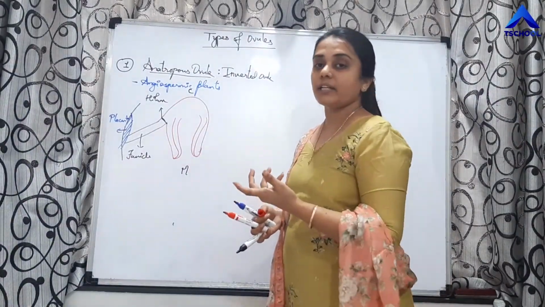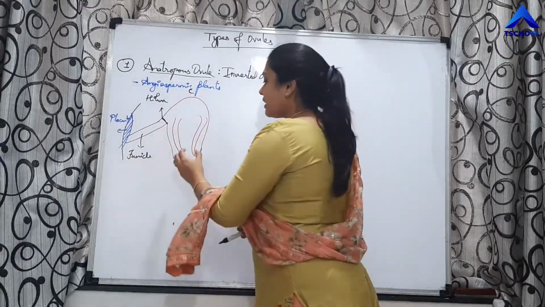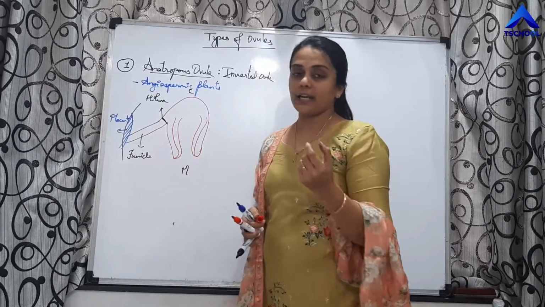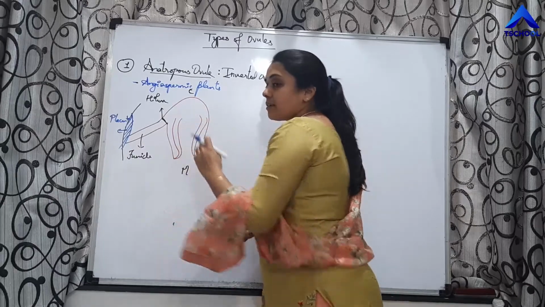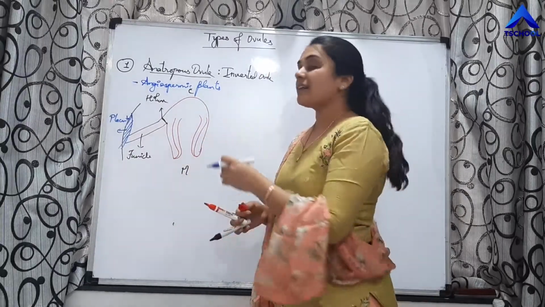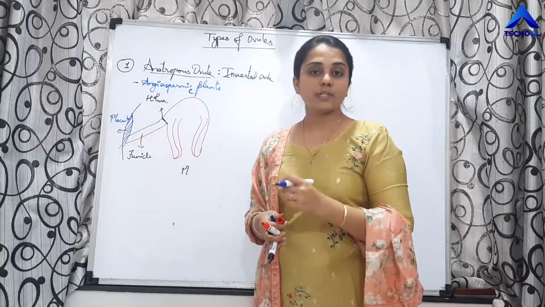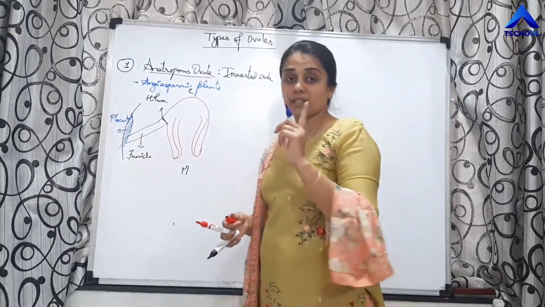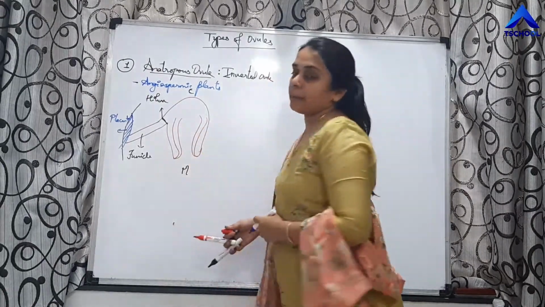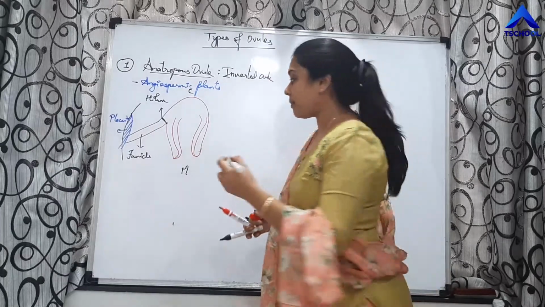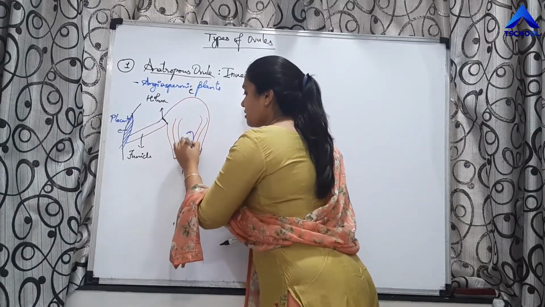The end from where the integuments arise is called the chalazal end, and the end where there is a tiny opening is called the micropyle end. On the inner side of the integument there is a mass of tissue called the nucellus. From the cells of the nucellus, a single megaspore mother cell arises towards the micropyle end.